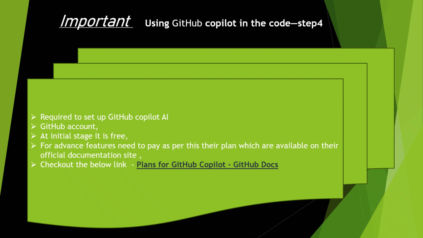For that you can check out the GitHub Copilot link on their official documentation, which is available through this link. You will directly navigate to their GitHub docs site, where you can see the plans for GitHub Copilot. Again, that is for the advanced versions, for whoever is going to use it at a very high level.